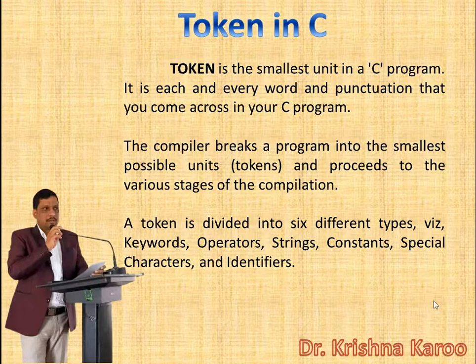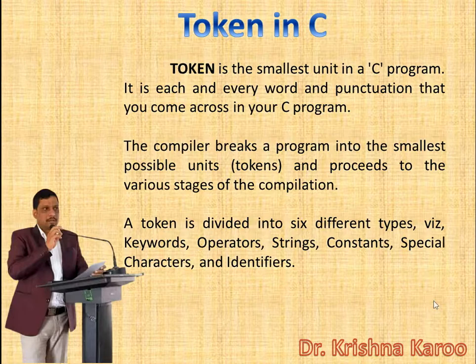A token is divided into 6 different types, and these are keywords, operators, strings, constants, special characters and identifiers.